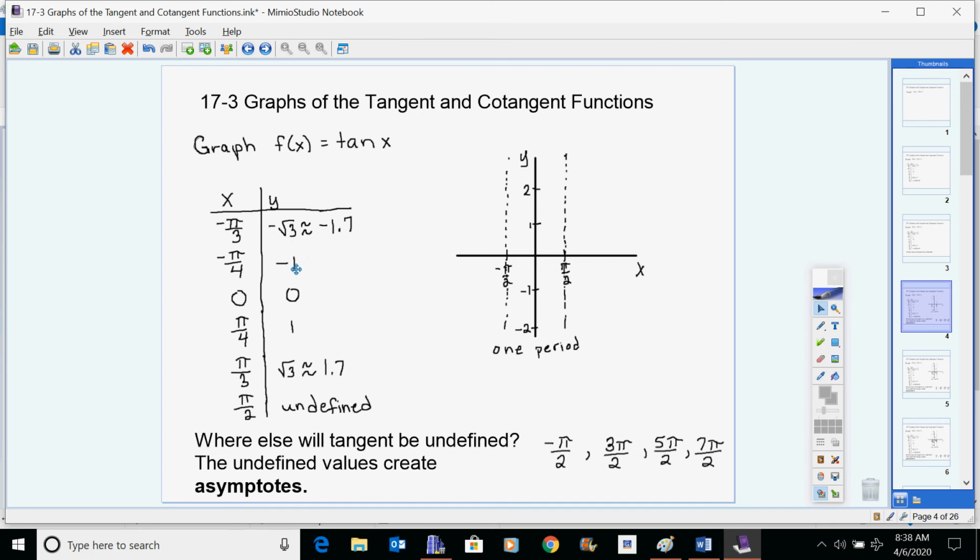So if I just plug in these values that I have calculated here, notice that at 0 we have 0. That's going to be the easiest point to plot. At pi over 4, which is halfway through, that's where we get 1, and negative pi over 4 is where we get -1.